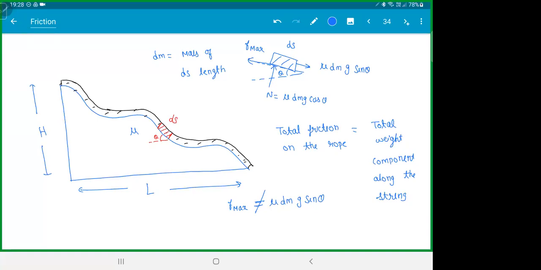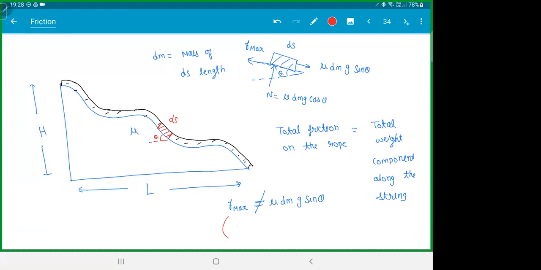You know what you're assuming? We are assuming every piece of friction is balancing its own weight. Isn't that wrong? If you think about it, देखो यहाँ पे mg का component is only not there, but friction is maximum. Here friction का component is there, mg is also there. At different points, the friction and dmg sine theta will be different.